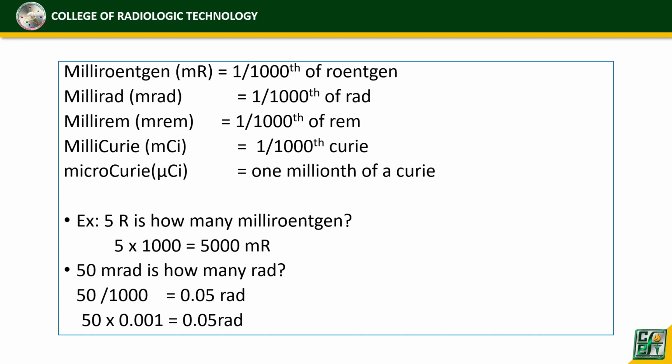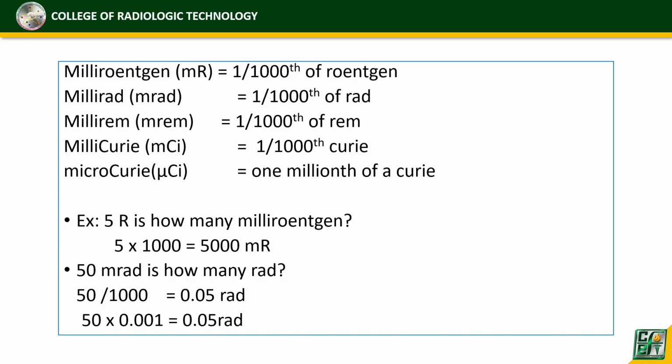So, milliröntgen, millirad, millirem. Okay. So, ano ibig sabihin? 1 over 1,000 of Röntgen pag milli. Pag mega, it's 1 million. Pag micro, 1 million din. Yun nga lang negative.